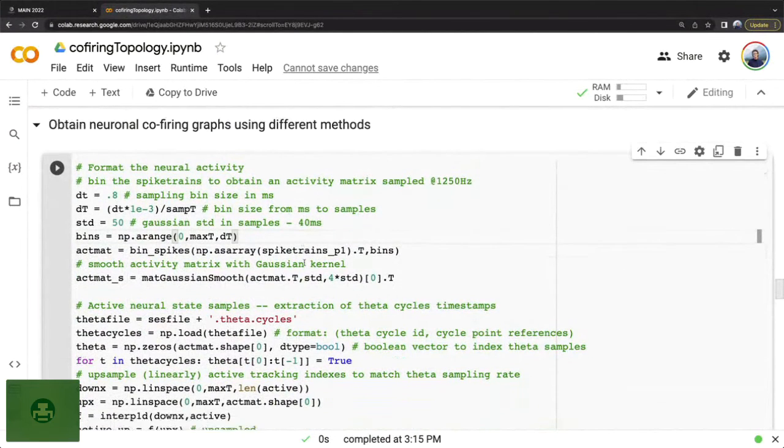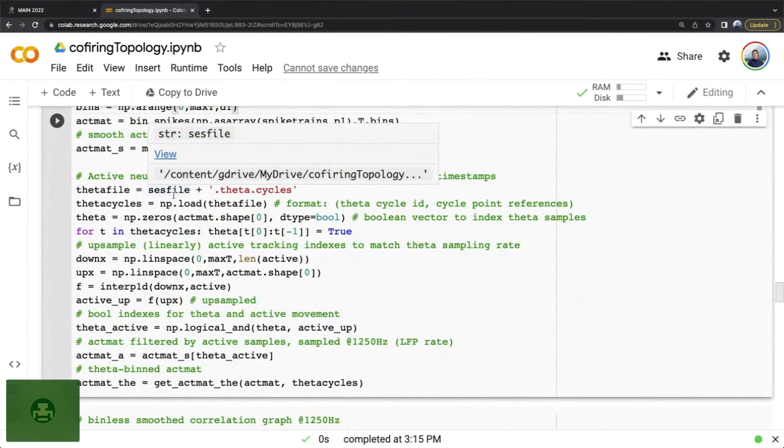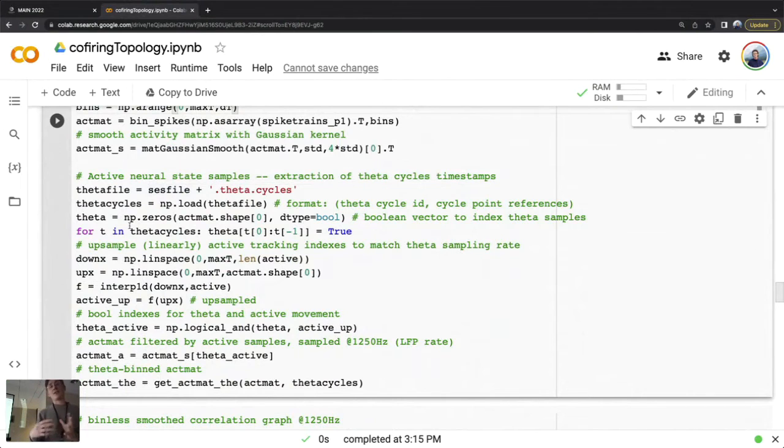Okay. Now that we formatted the activity, we also load the theta information, and this comes as just another matrix where I have the number of theta cycles and some information about when there is the peak, the trough, etc. So the salient points of each cycle.